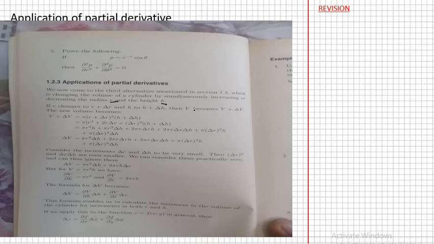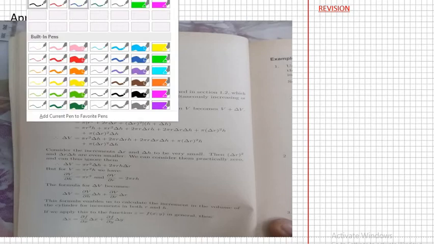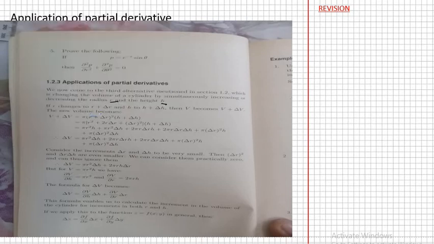The actual volume will be equal to the initial plus the change in volume. That change in volume is given by this relation, so we have to use the actual value of radius, which is r plus delta r, and the actual height, which is h plus delta h.